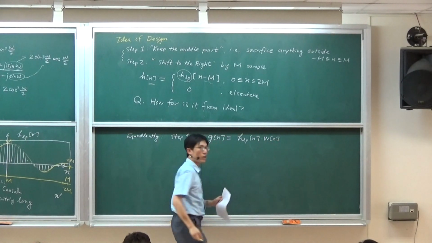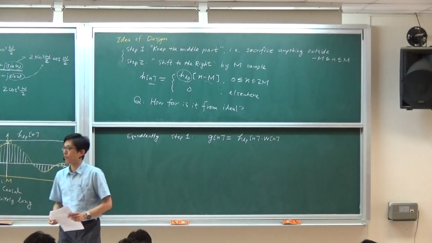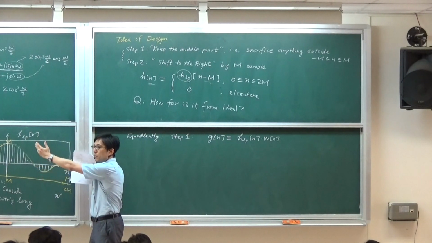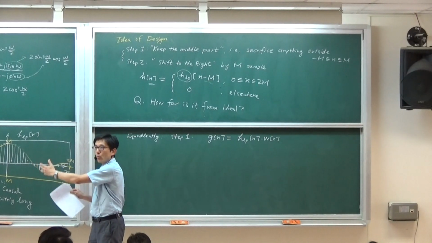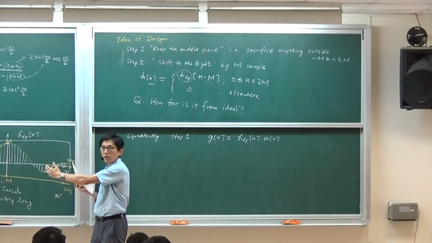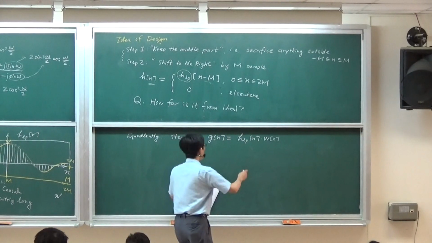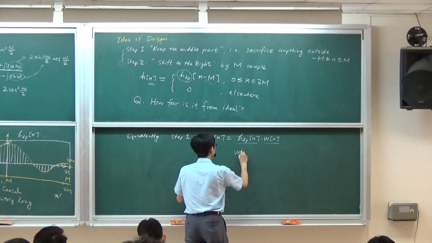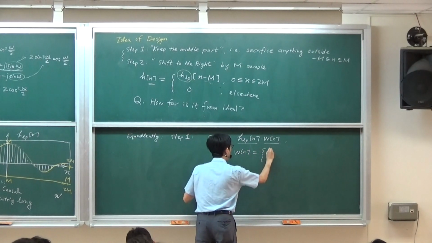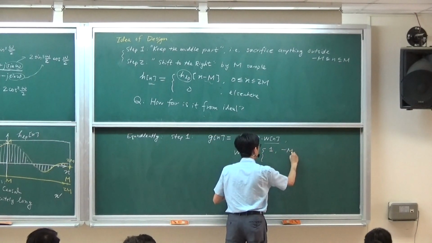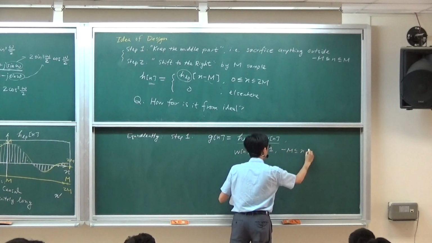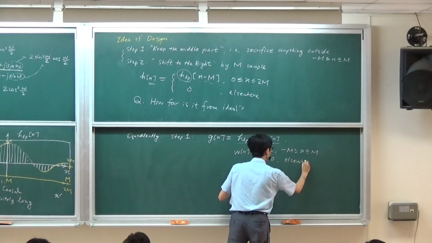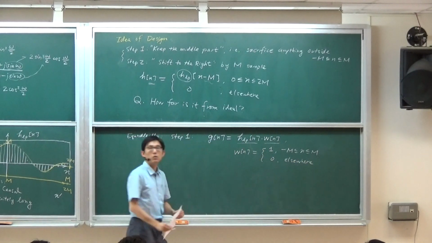And that's why this design method is referred to as the window method, because essentially we are doing nothing more than multiplying our ideal response with a window. We keep only the middle part, multiplying the ideal response with a window function where w of n is 1 from minus n to n and 0 elsewhere.